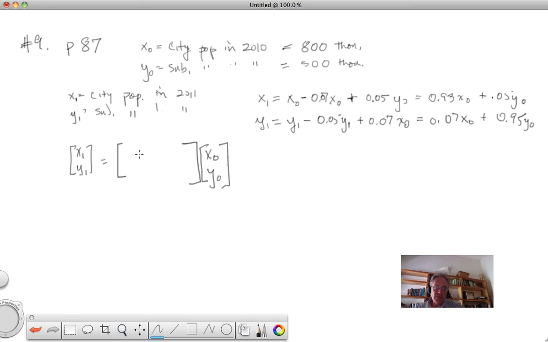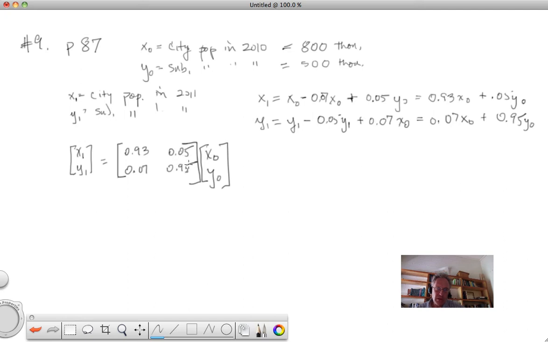What are the numbers that go in here? You can read them off. The first column is 0.93 and 0.07, and the second column is 0.05 and 0.95.